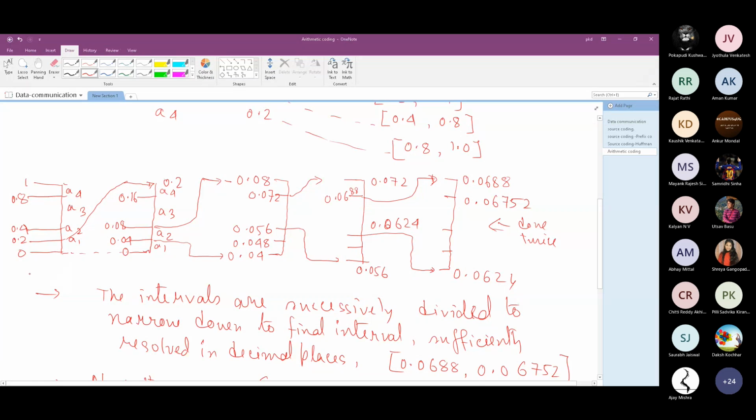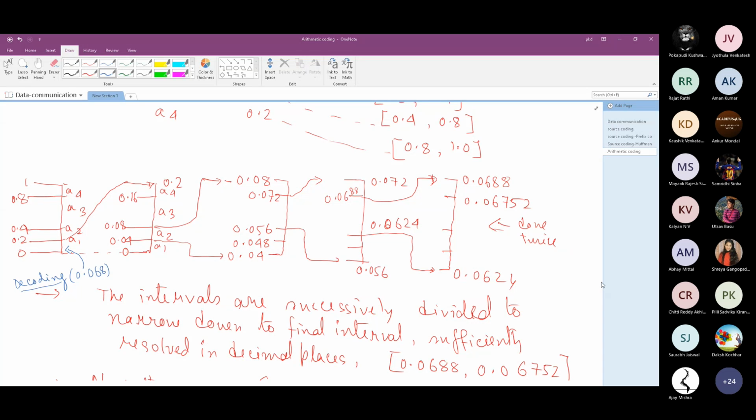We will go initially, so in the decoding, 0.068 belongs to the first interval.